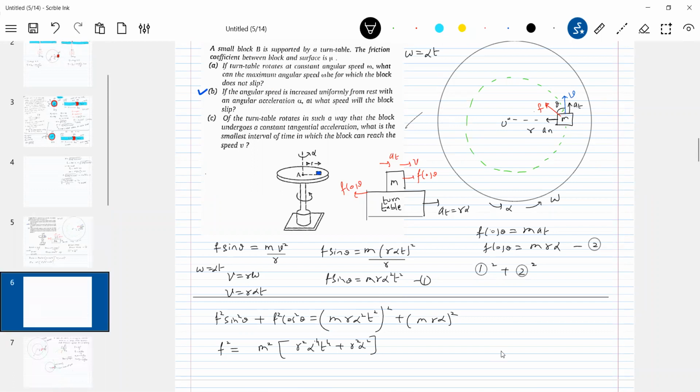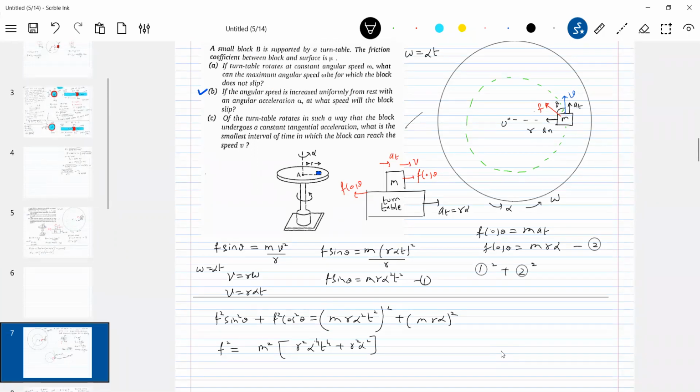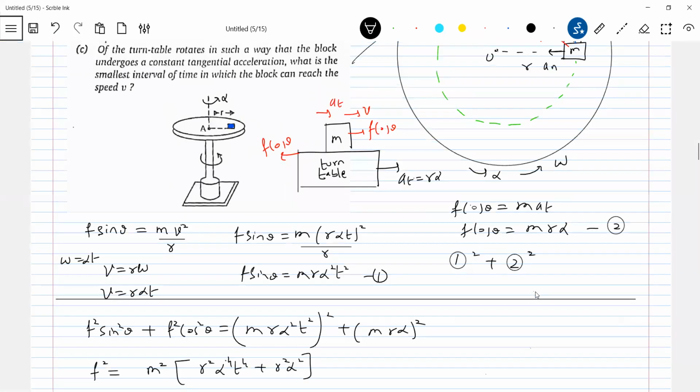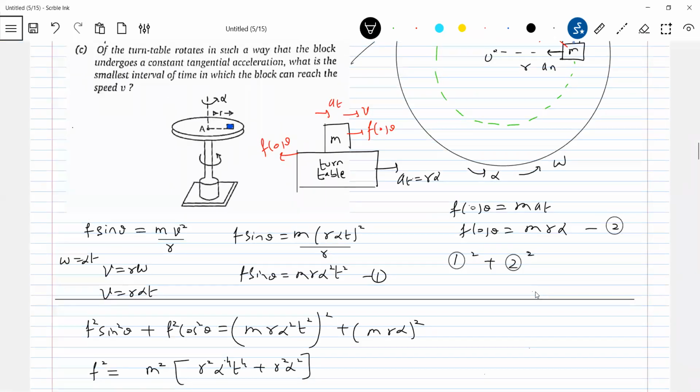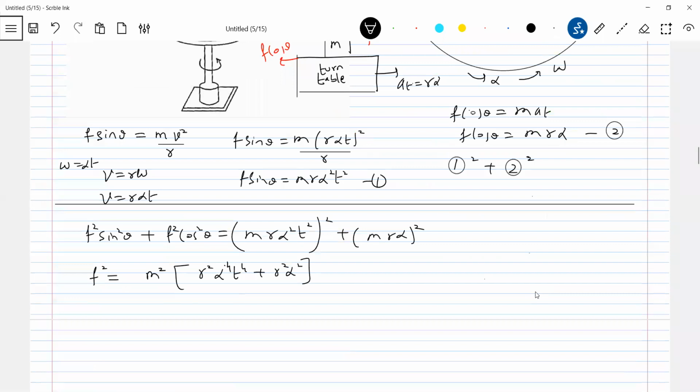Okay, fine. So I'll scroll down further. So this should be equal to what is the maximum when slipping occurs? What is the value of the friction? From static it will become the limiting friction here.